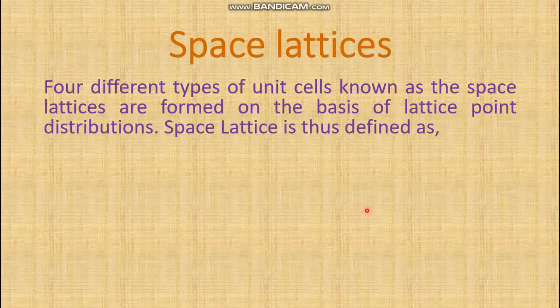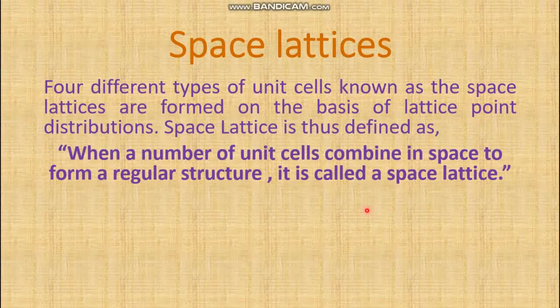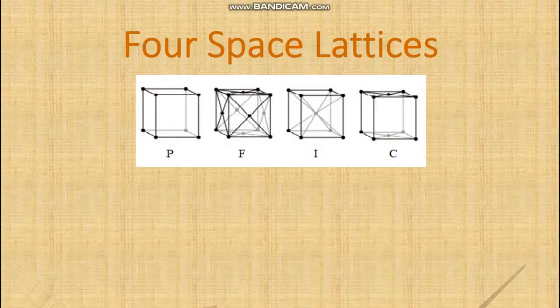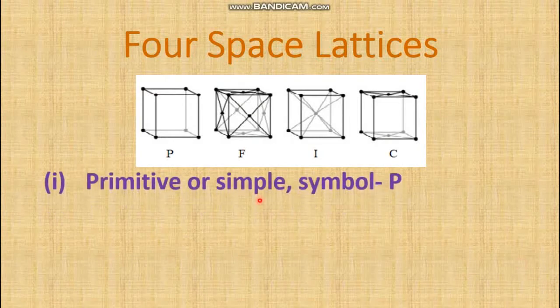So we can get 4 types of distribution of the lattice points, forming the space lattices: primitive, face-centered, body-centered and C-face-centered. When a number of unit cells combine in space to form a regular structure, it is called a space lattice.